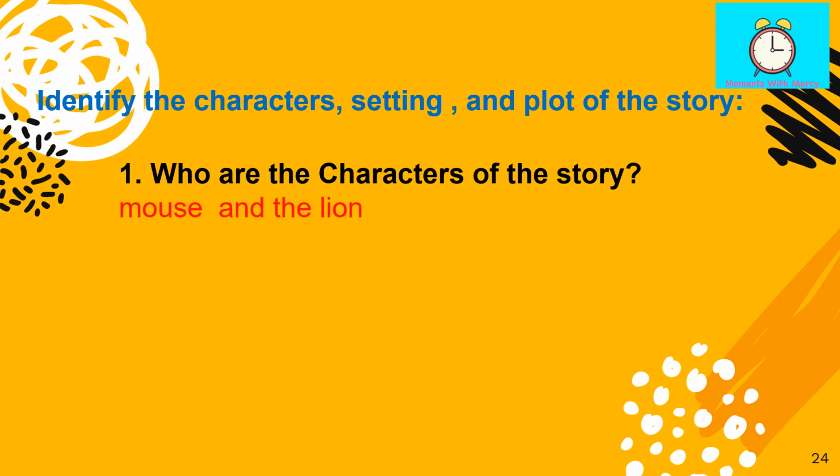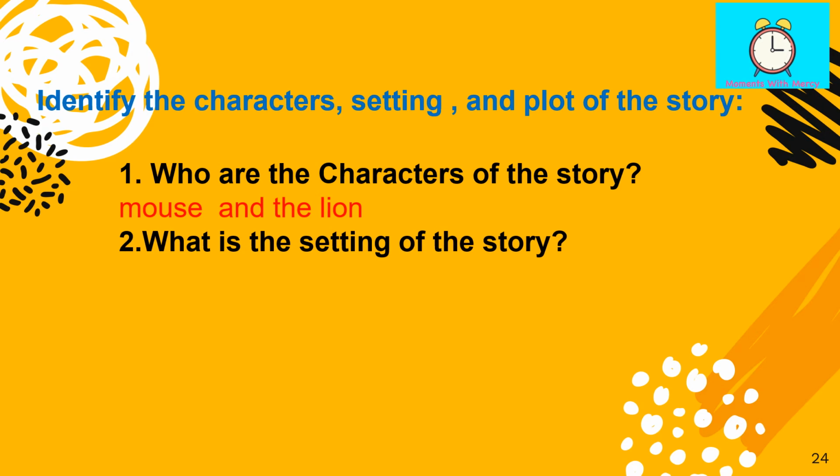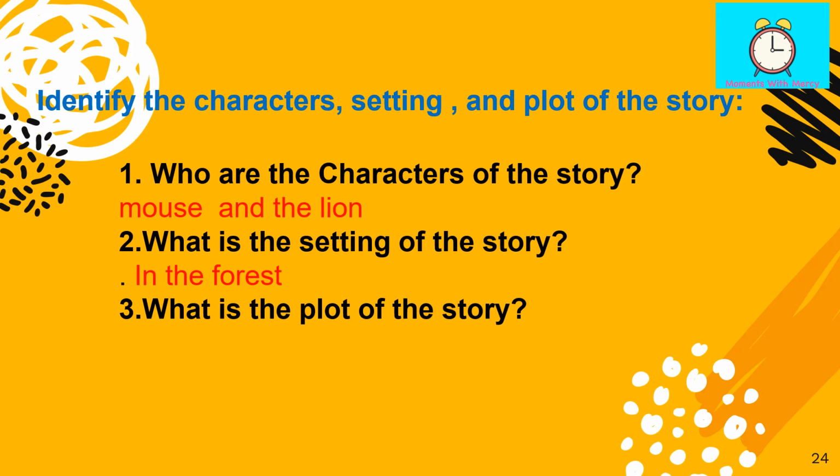The characters are the mouse and the lion. What is the setting of the story? Good job, children. It is in the forest. What is the plot of the story?